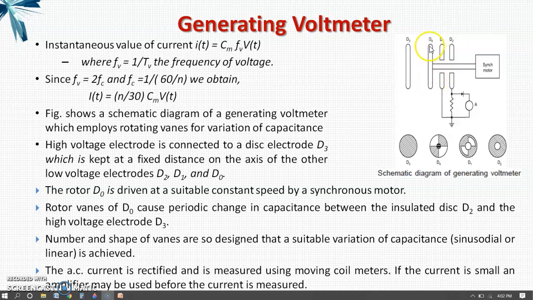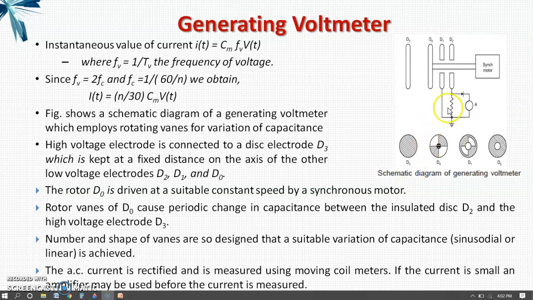The rotor of electrode D0 is connected to a synchronous motor, and the high voltage source is connected to the fixed high voltage electrode D3. The rotor D0 is driven at a constant speed, for example 1500, 1800, 3000 or 3600 rpm, and the shapes of D0 and D1 are shown here. D0 and D1 are designed so that they produce a sinusoidal variation in capacitance.